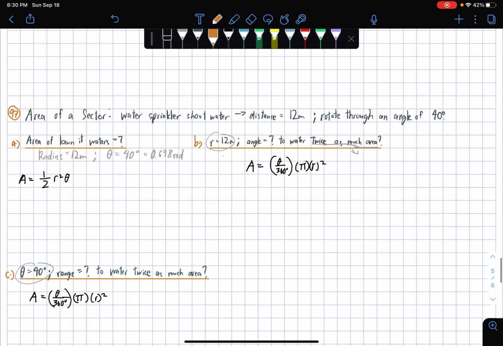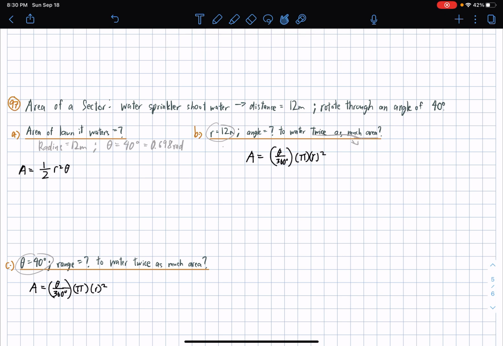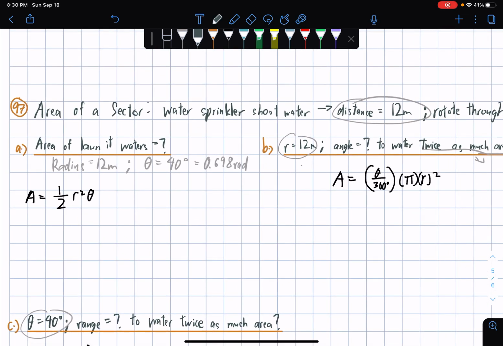So let's move on to practice question number 97. The area of a sector. This is an application of the two area of the sector formulas that I introduced earlier. A water sprinkler shoots water at a distance of 12 meters. So any distance whatsoever will always be the radius.